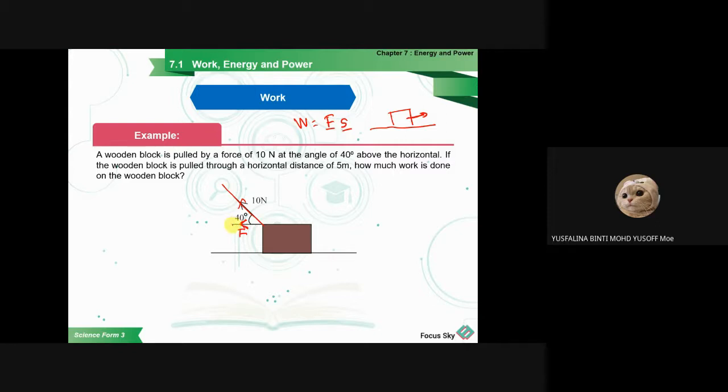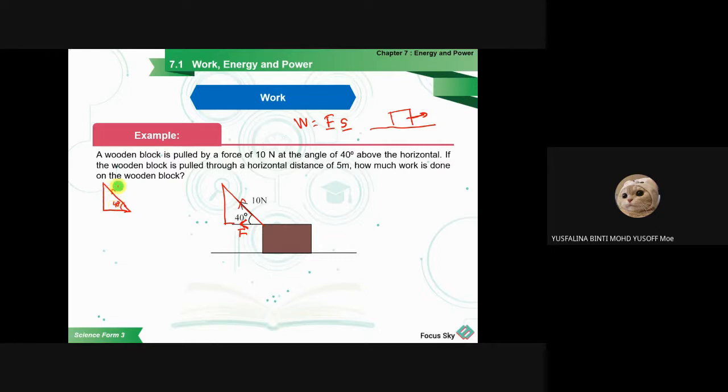I'm not sure whether you have already learned about trigonometry. Trigonometry involves the right angle triangle, meaning 90 degrees. So I will draw the triangle first, the right angle triangle. So this is the triangle. I draw it again. This is 40 degrees.